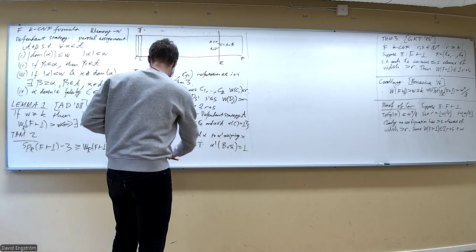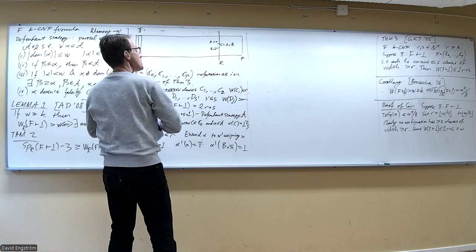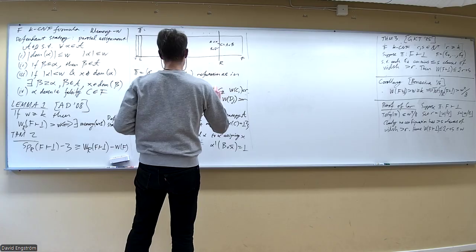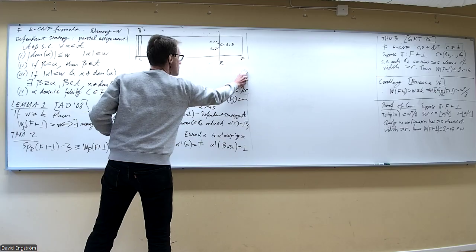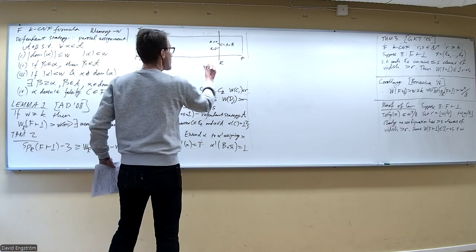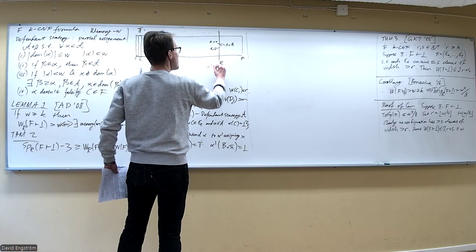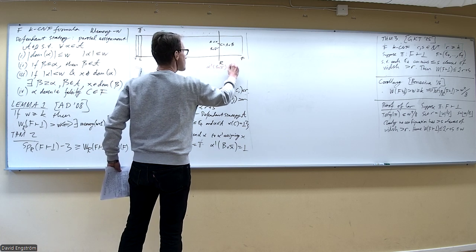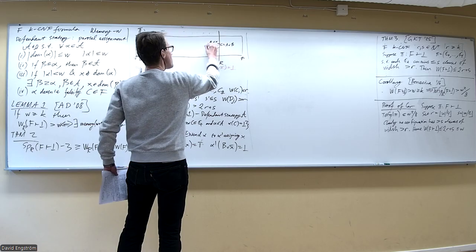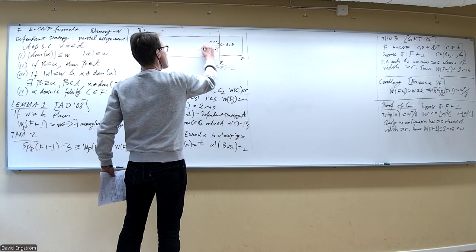Hence, what do we have now? Okay, so let me actually make some room here. Now I claim that we have alpha prime sets B or not X to false, and this is a wide clause.